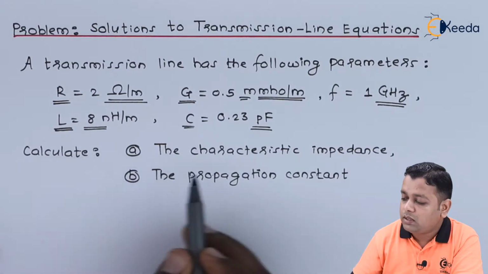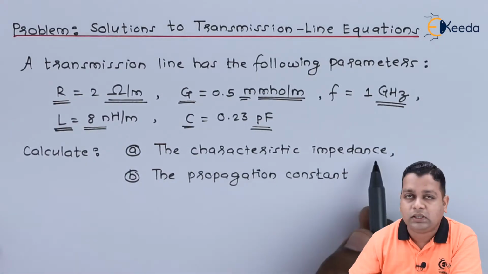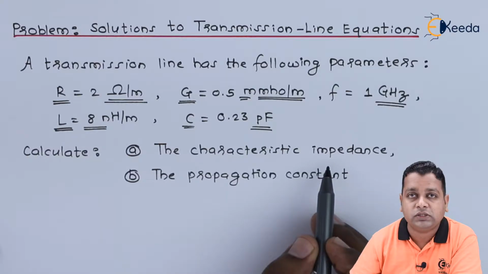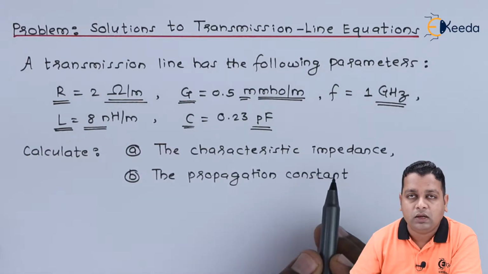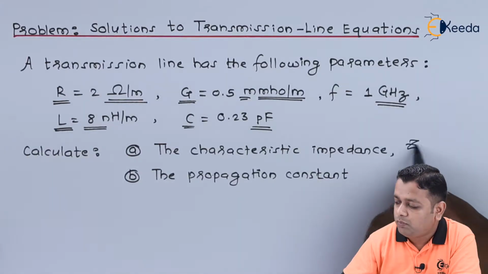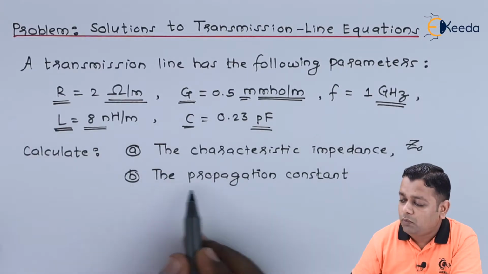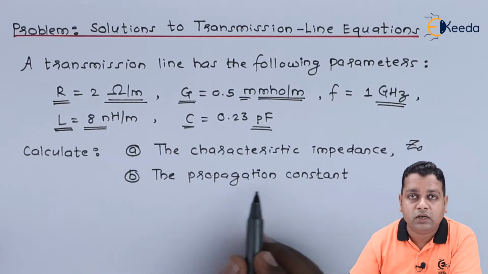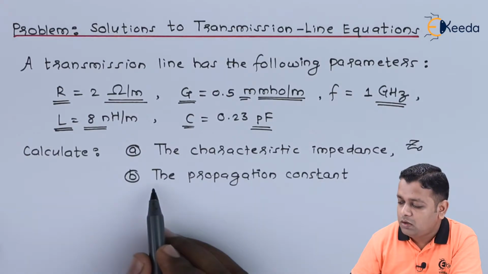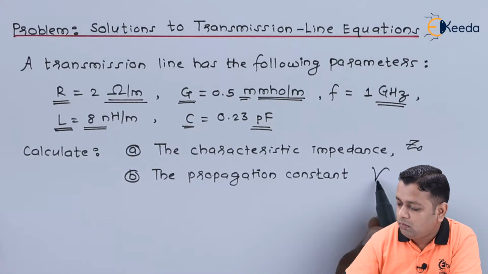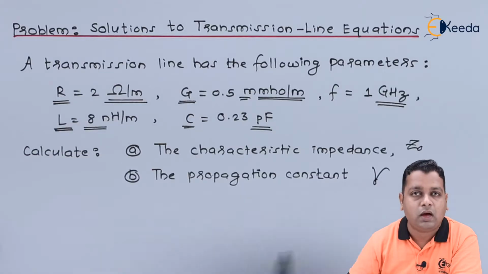Now we require the calculation of the characteristic impedance. The characteristic impedance for the transmission line we represent with capital Z suffix 0, whereas the propagation constant, which needs to be calculated in part B, is denoted by the Greek symbol gamma.